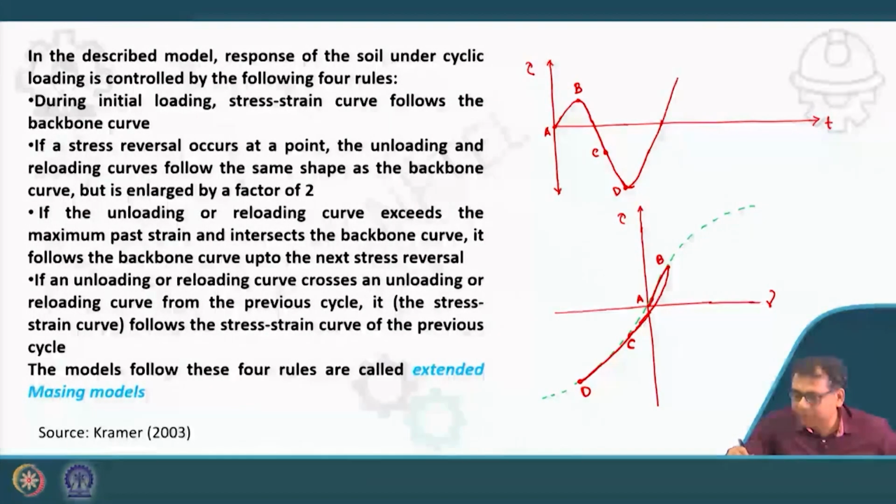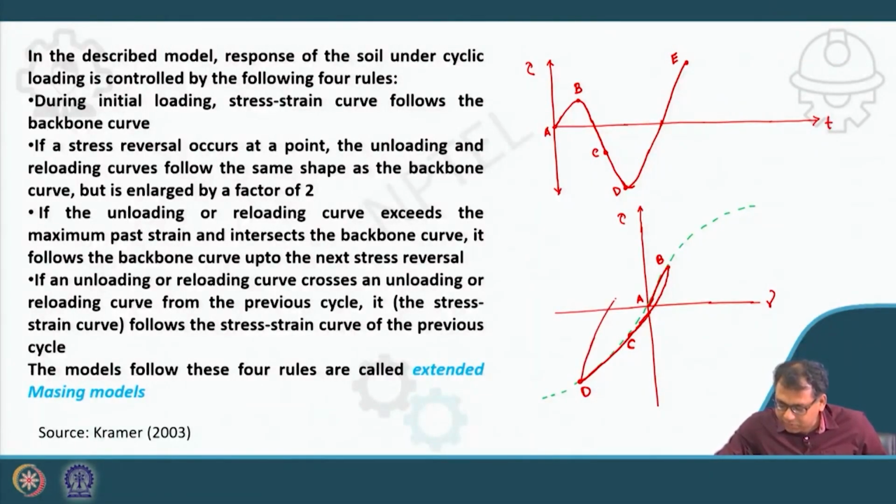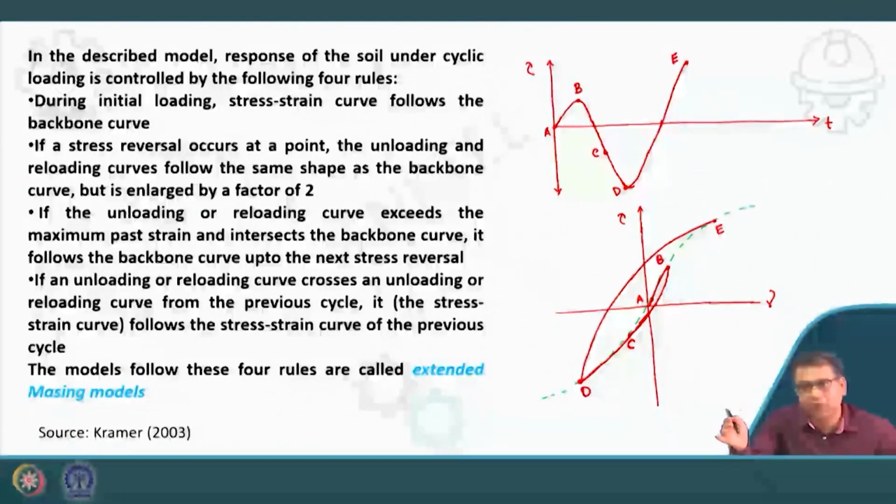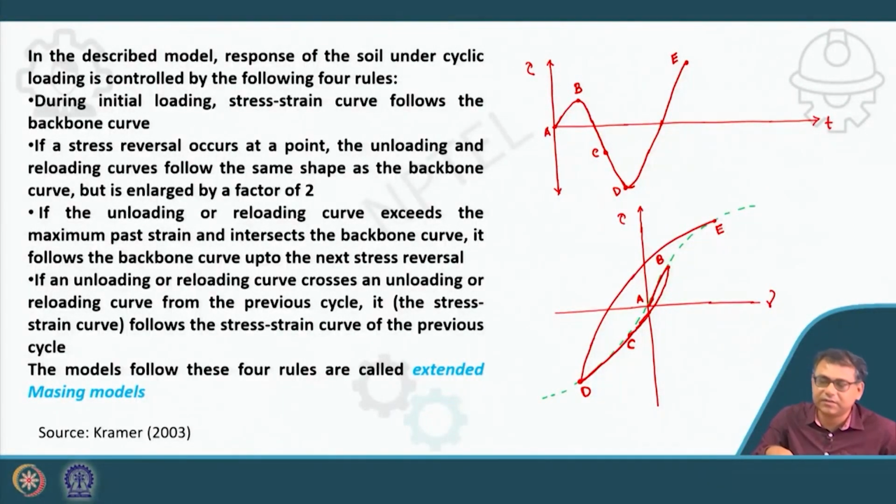So from here it will go up to E, and then again it will intersect at the E point. When it intersects at the E point, it will again follow the backbone curve until there is another stress reversal.